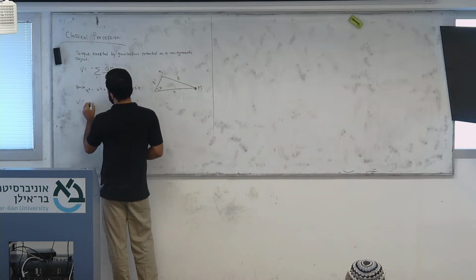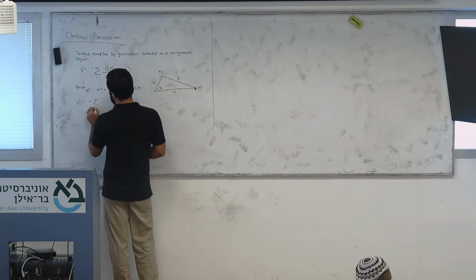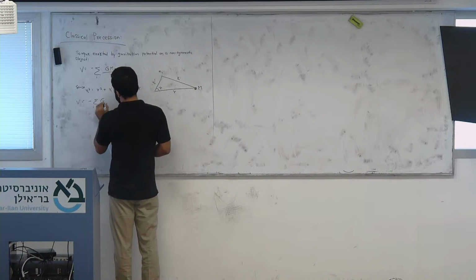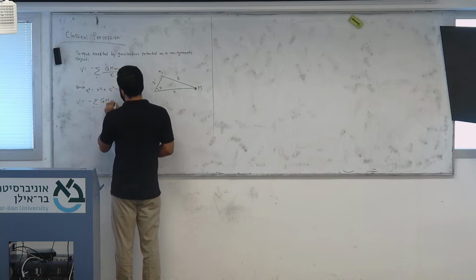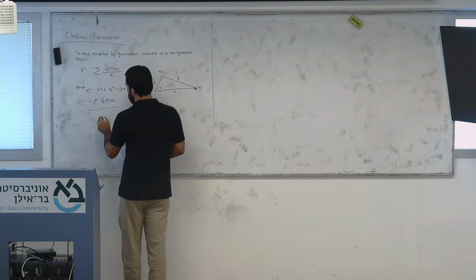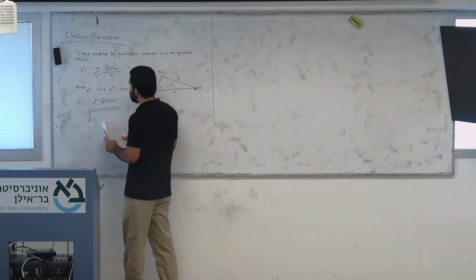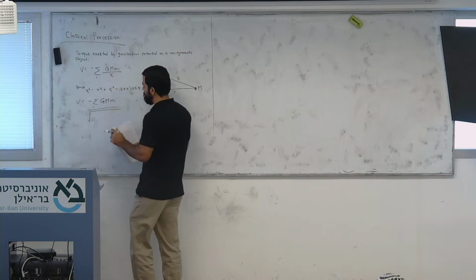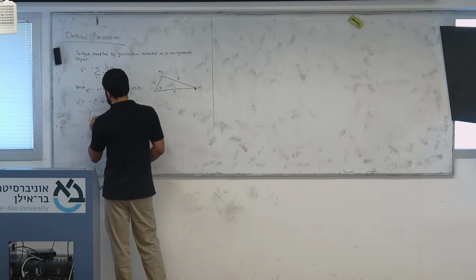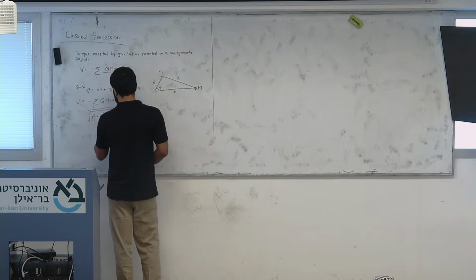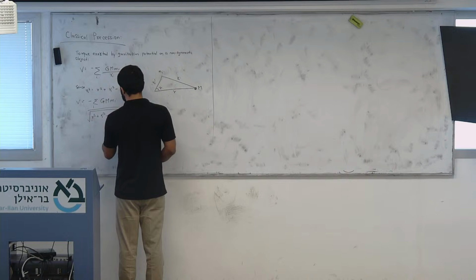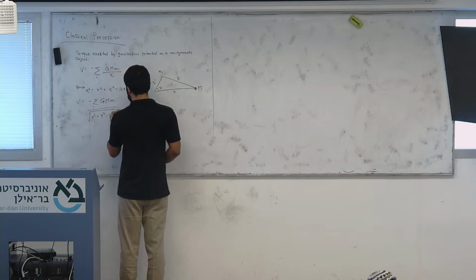We have V equals minus G M mi over the square root of this term: r square plus ri prime square minus 2 r ri prime cosine of psi.